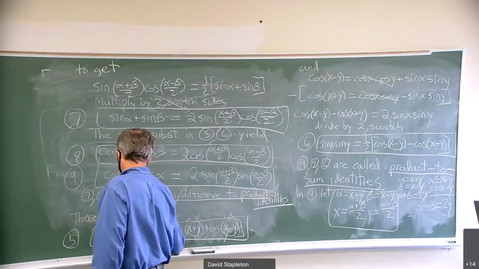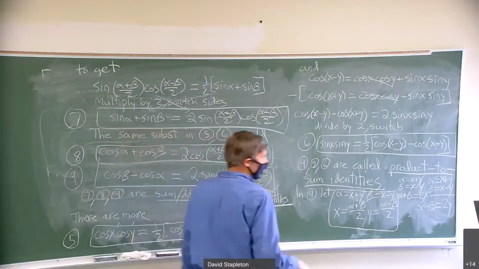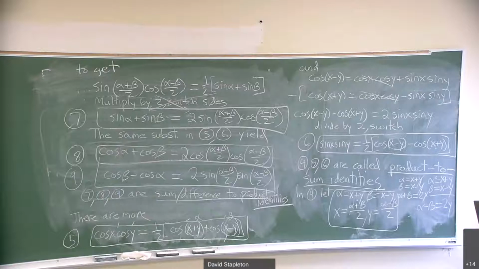Maybe what I'll do is just put up the screen here for a minute. If you were to Google sum to product trig identities, you can see lots and lots of formula pages where people have these online.